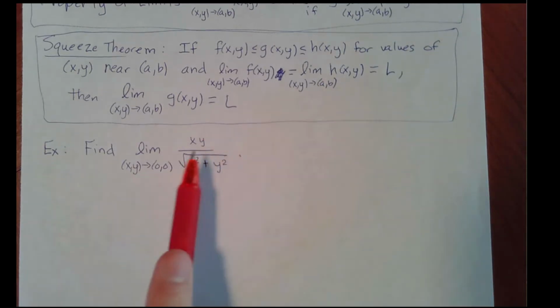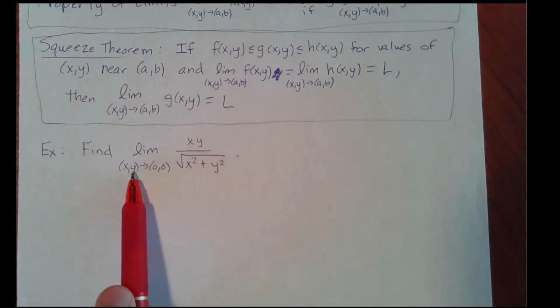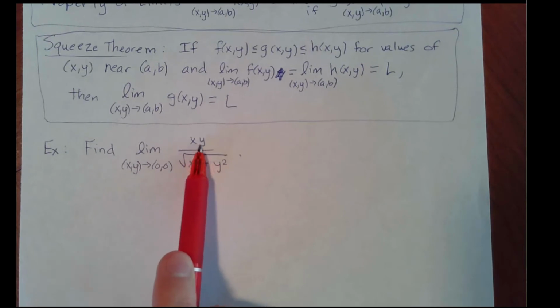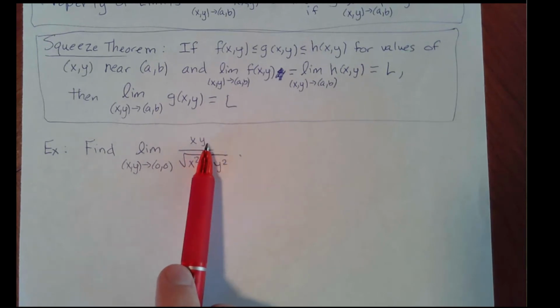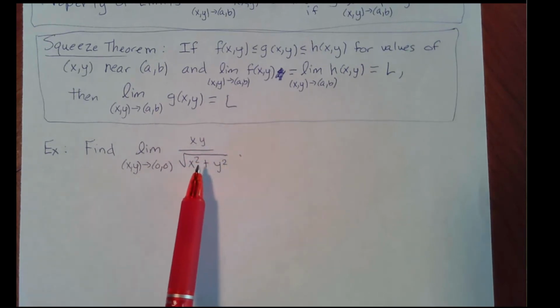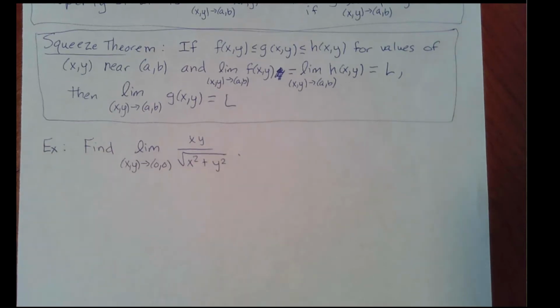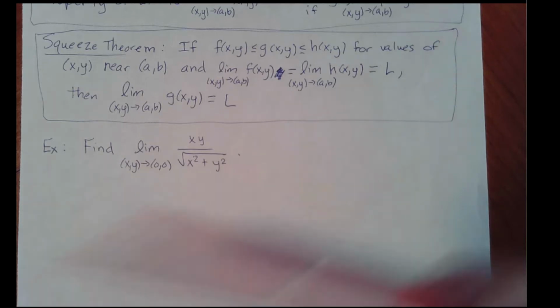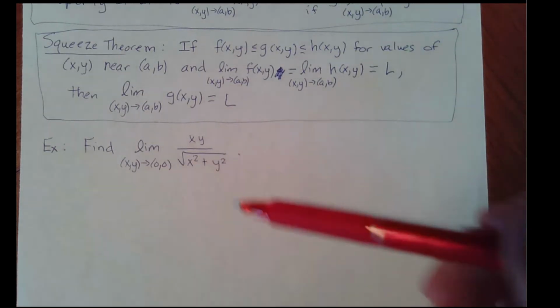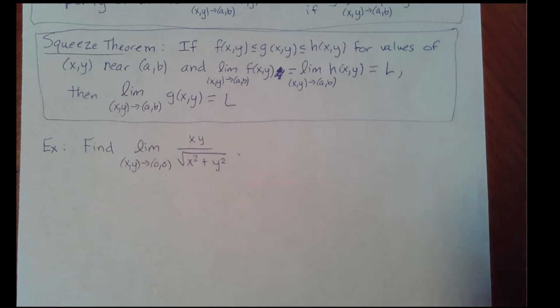You could also check approaching from different directions. If you let y equal x, replacing the y's with x's, you would get x squared over the square root of 2x squared, and then the x would cancel, so you just get x over the square root of 2, which would approach 0 if x approaches 0.